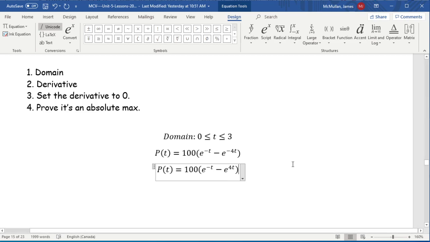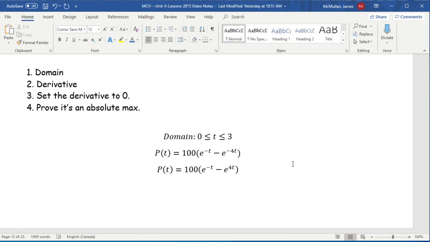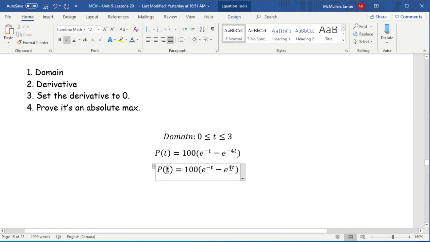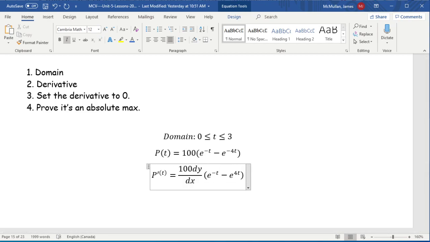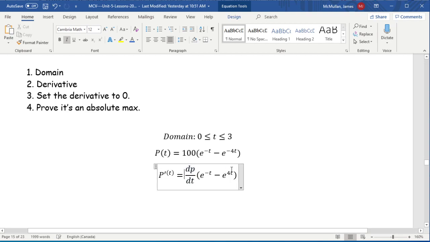Okay, so the 100 is just a constant. So dP/dt, right? How does P change as t changes? You can just bring that 100 to the front and then take the derivative of the inside part.